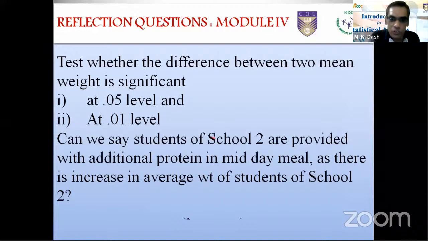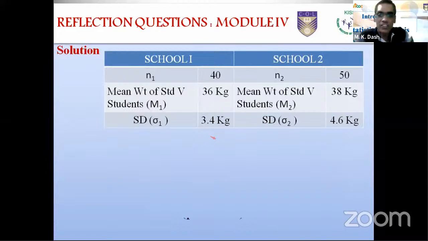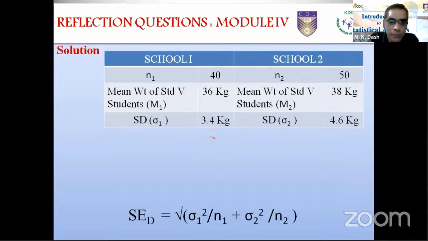Can we say students of school 2 are provided with additional protein in the midday meal as it has increased the average weight of the students? This is the analysis I have made. You check the answer.